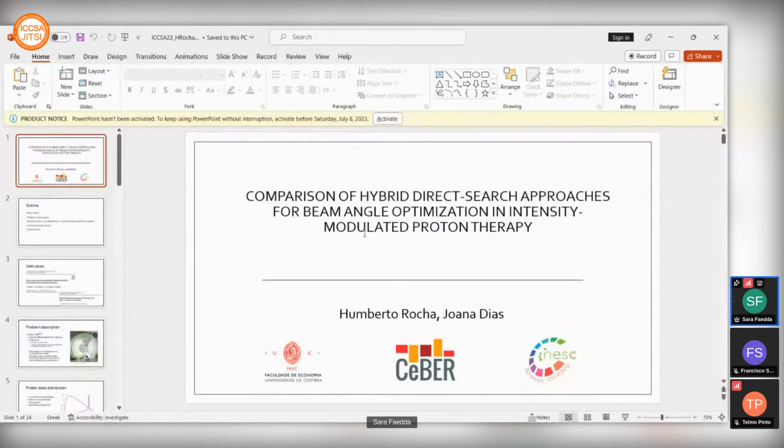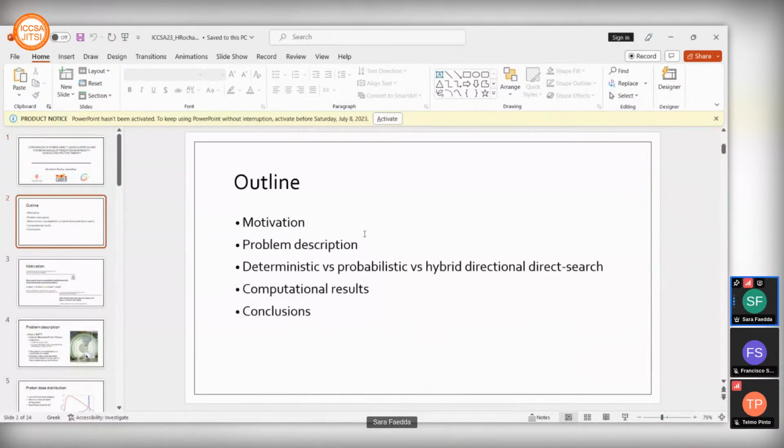It's fine. Okay, so this is a joint work with a colleague from Coimbra, and I will present a hybrid approach for direct search methods to optimize this beam angle optimization problem in radiotherapy. So the outline is the following.